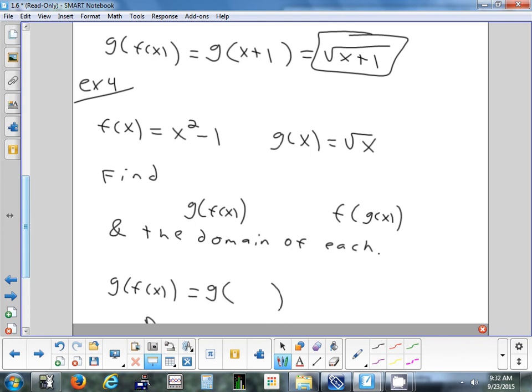So in that case, that's g of, go find f of x, x squared minus 1. And Brian, what would I get if I plug in x squared minus 1 into g? The square root of x squared minus 1. Yes. Anytime you add or subtract under a square root, don't try to cancel things out. You can't do that.